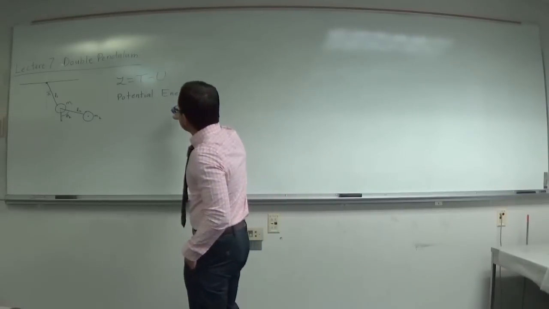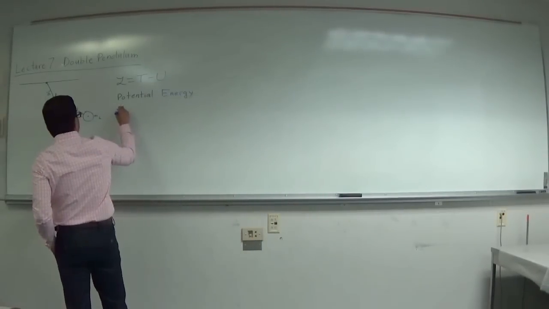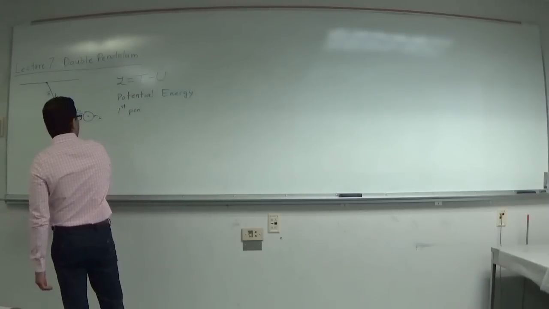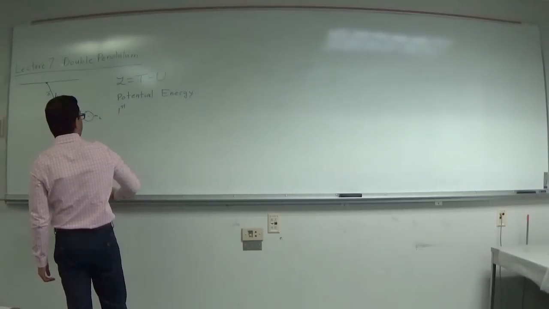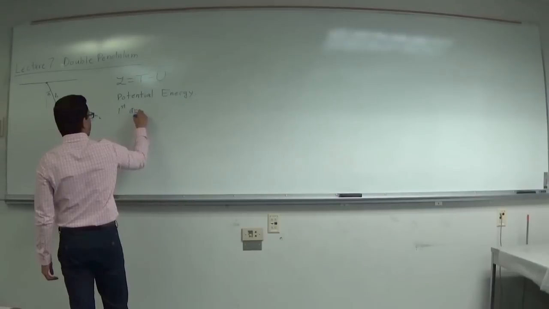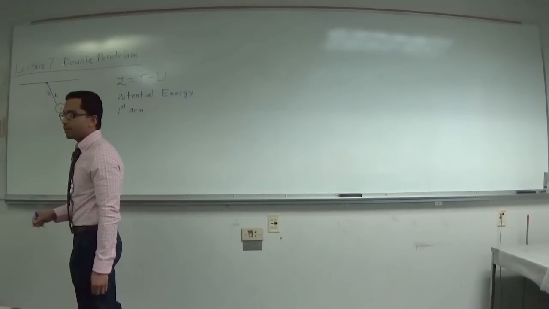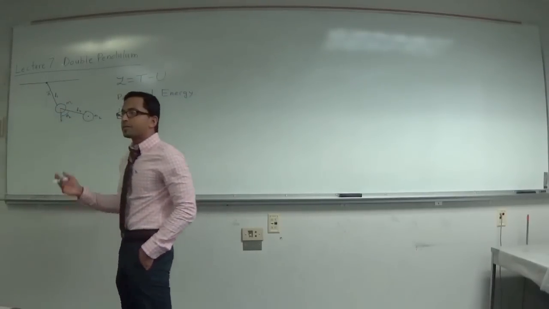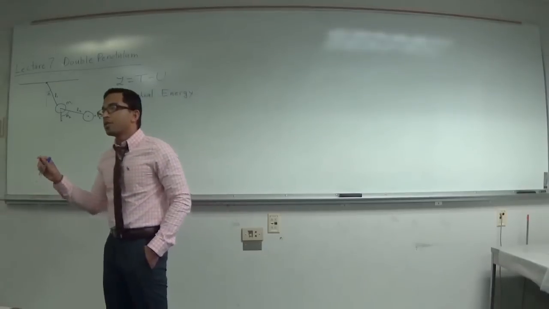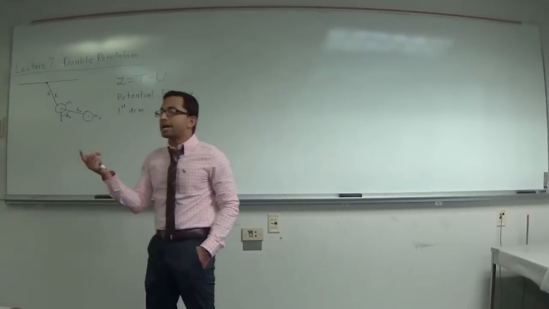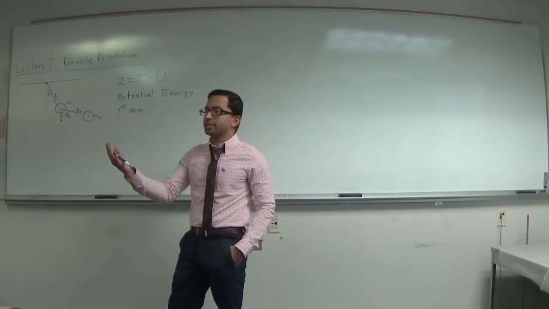Let's find the potential energy of the first one, so the first pendulum, or first arm, let's say. How do we want to define the potential energies, though? It doesn't really matter what the absolute value of the potential energy is. What matters is how the potential energy is changing, right?